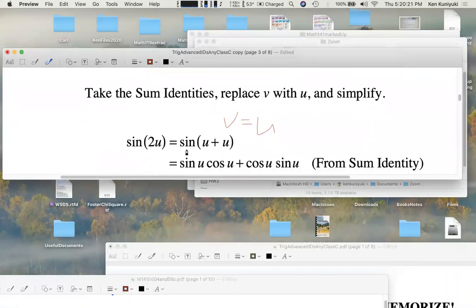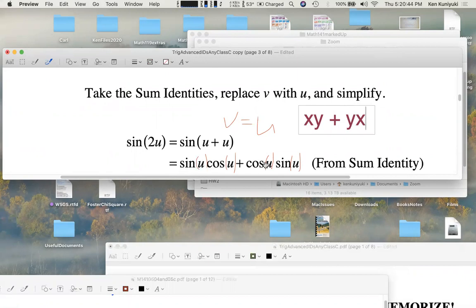Again, the sum identity for sine is to sum the mixed up products. Although since v equals u, they're not so mixed up. Sine of u, cosine of u, plus cosine of u, sine of u. In fact, take a look at these two terms. If you do a snap substitution, this basically looks like xy plus yx.